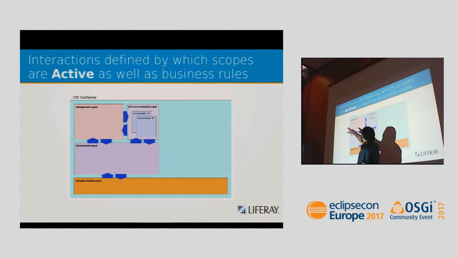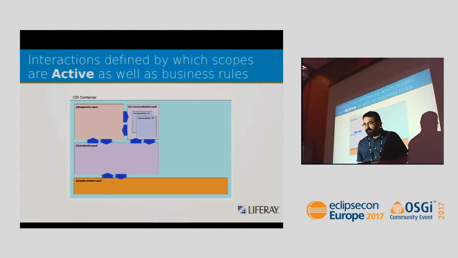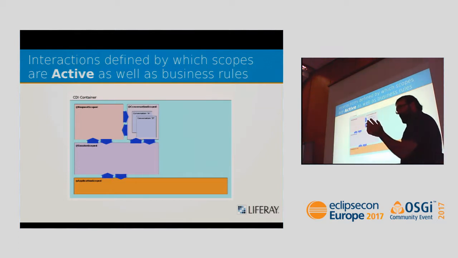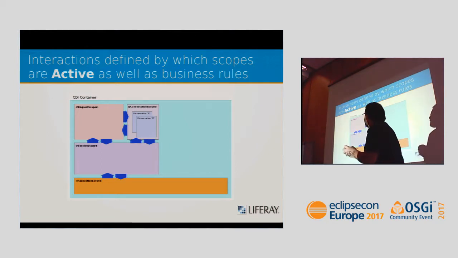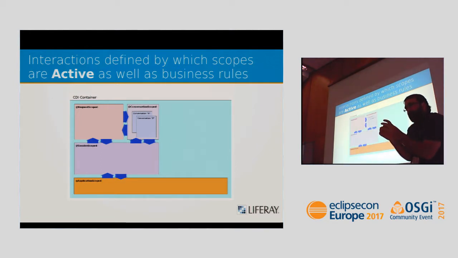On the leading edge of the request, an instance of a request scope is created, and that builds a request scope context. When the application logic accesses one of these request scope objects, the instances are created and injected, and the object graph is created.